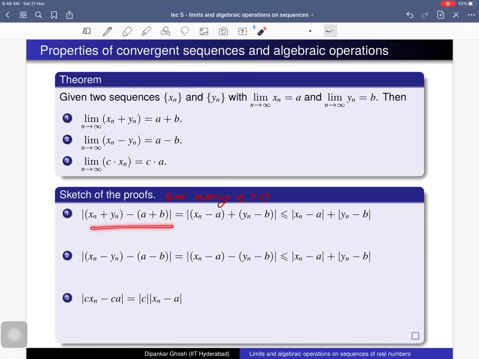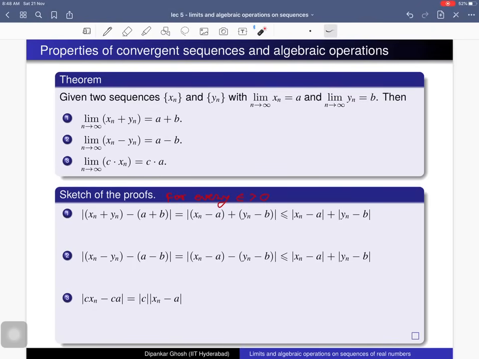And to prove that this difference is less than epsilon after a certain stage, we use these given conditions. We will use that limit n tends to infinity xn is a, so it satisfies the epsilon-N condition, and limit yn is b, so this b also satisfies the epsilon-N condition.